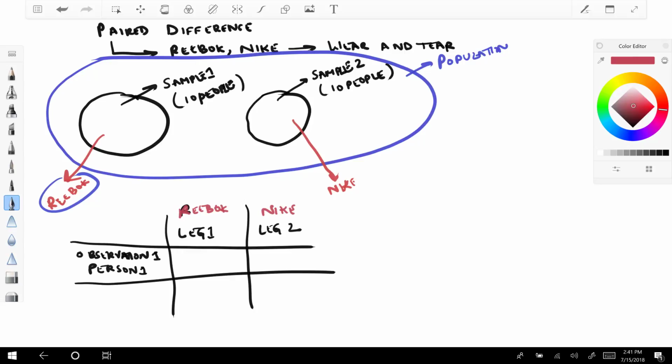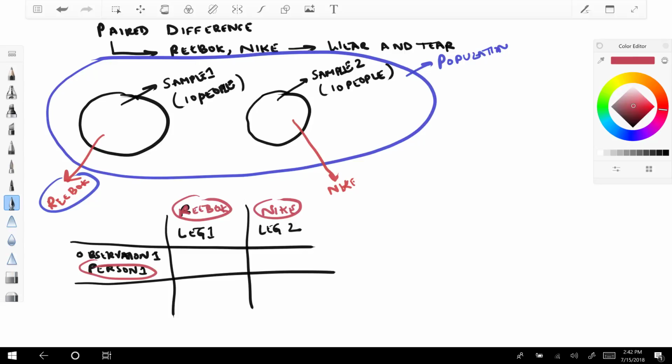So what this does is if person 1 travels a certain distance, the shoes Reebok and Nike are traveling the same distance, so the wear and tear should be the same. So we are bringing both of them as a pair to one observation such that we can properly gauge the wear and tear.